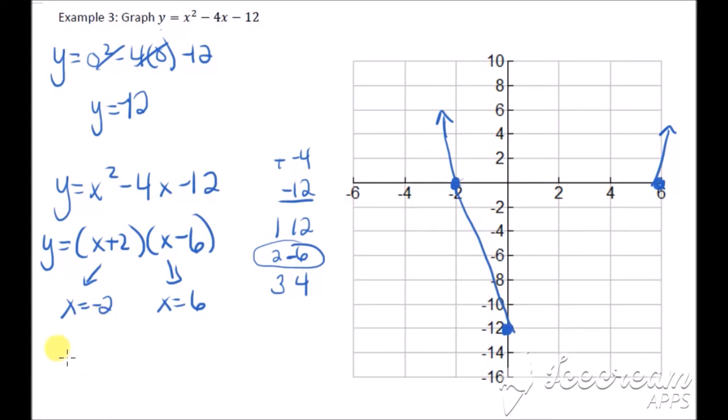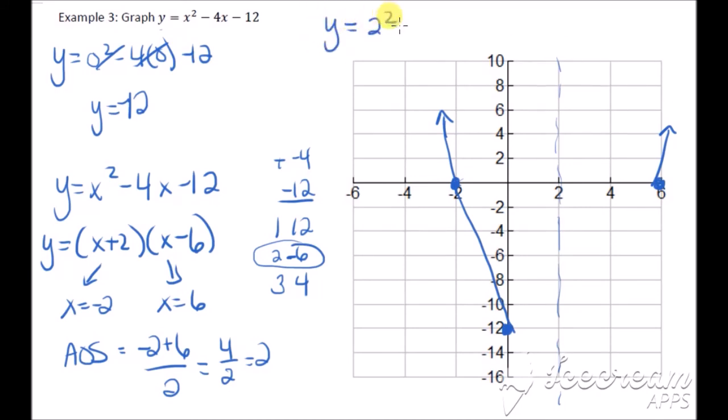If you want to find the axis of symmetry, I would do negative 2 plus 6 and average these out. So 4 over 2 is 2. So this here would be the axis of symmetry. And now I'd want to find the vertex. So let's sub in 2 to where the x's are.